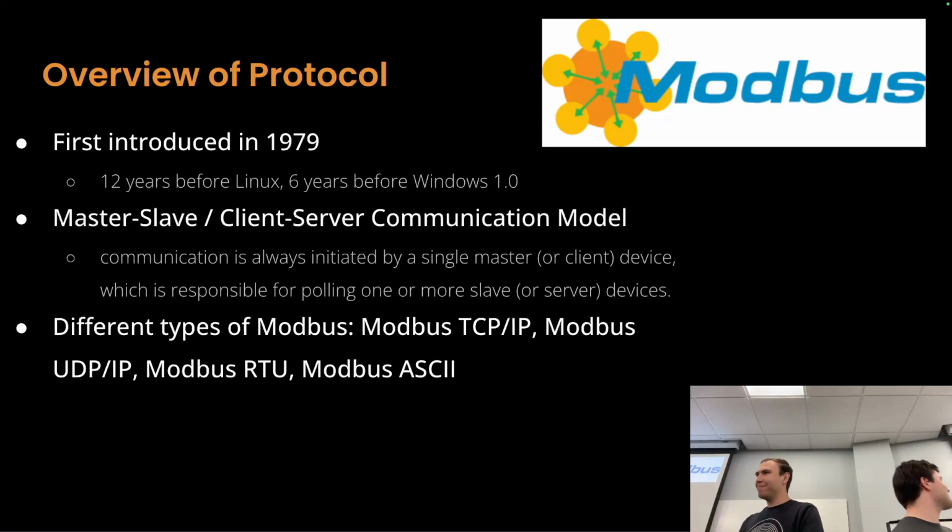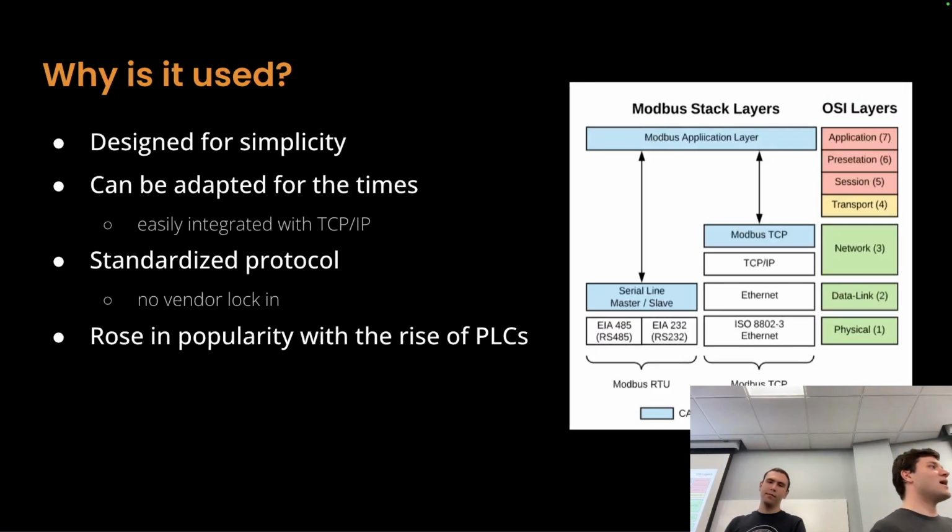There are different types of Modbus, and that's part of the reason why it's still used today. The main ones we're going to talk about are Modbus TCP and Modbus RTU, but there are also the UDP and ASCII versions of the protocol. So why is it even used? Because it's simple. There's no vendor lock-in, which is a big problem in OT, so it's an open standard.